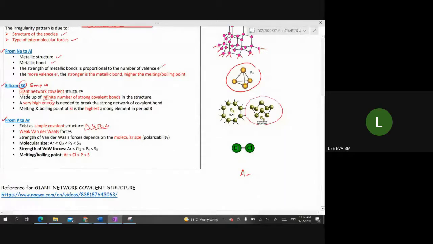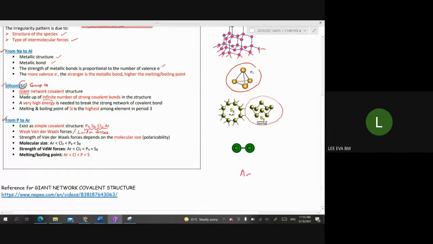For phosphorus, sulfur, chlorine and argon, we have weak van der Waals forces, or more specifically, weak London forces. Since phosphorus until argon are all non-metal and all have the same type of intermolecular forces, which is van der Waals, we can only compare the molecular size.